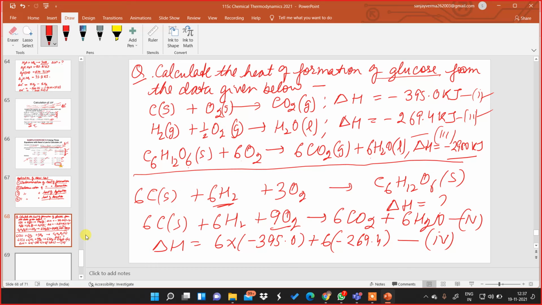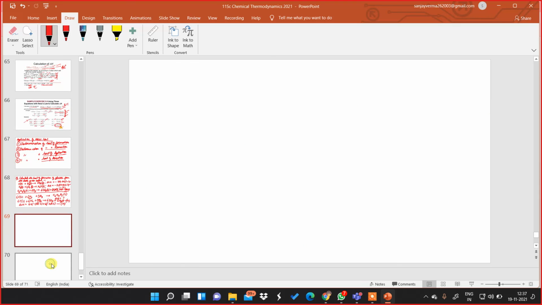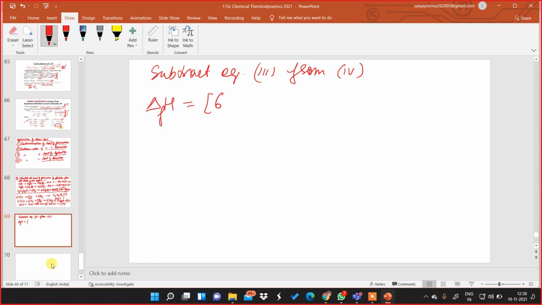After that, subtract equation 3 from equation 4. If you subtract that, you will get delta H for the formation of glucose: 6 into minus 395.0 plus 6 into minus 269.4 minus equation 3.